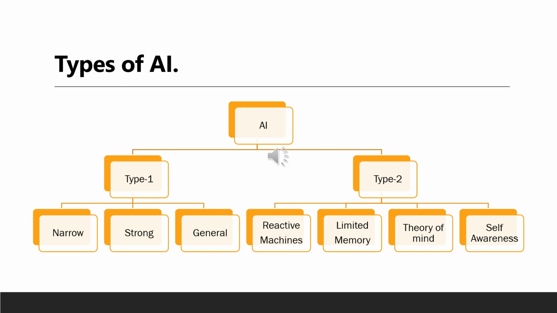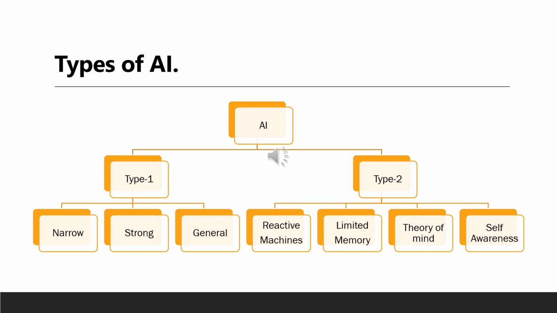Most of the characteristics of strong AI or super AI include the ability to think, to solve a puzzle, to make judgments, to plan, to learn, and to communicate on its own.